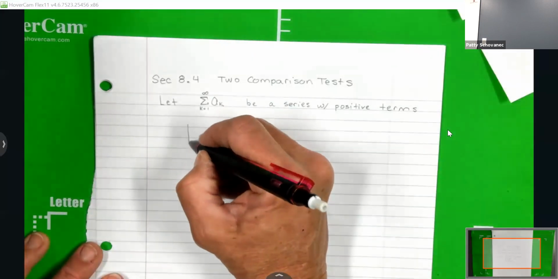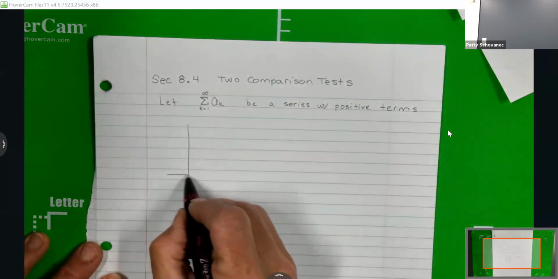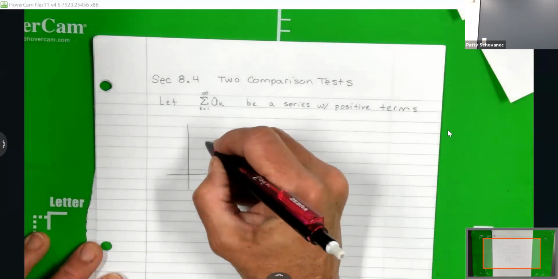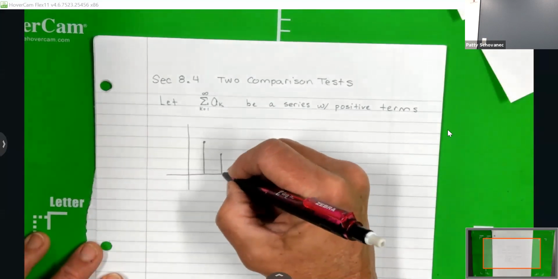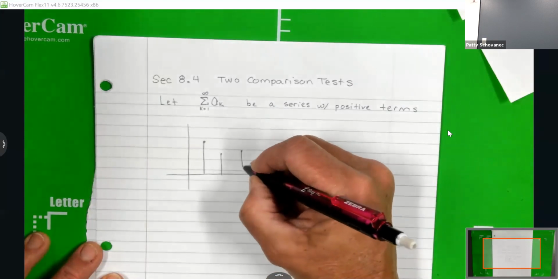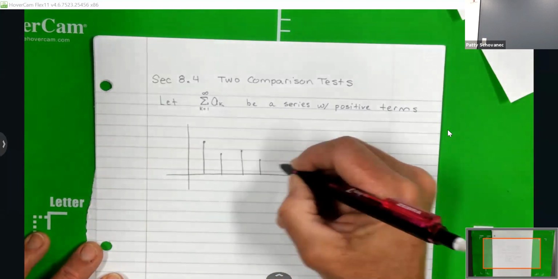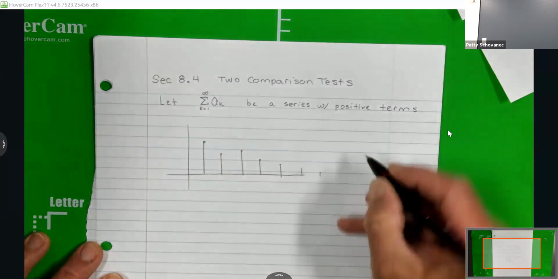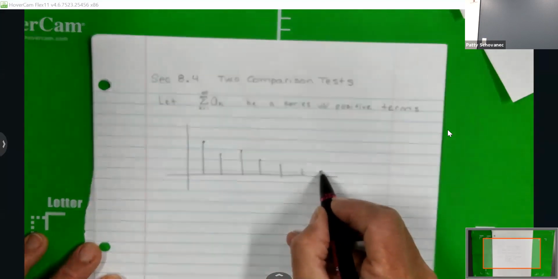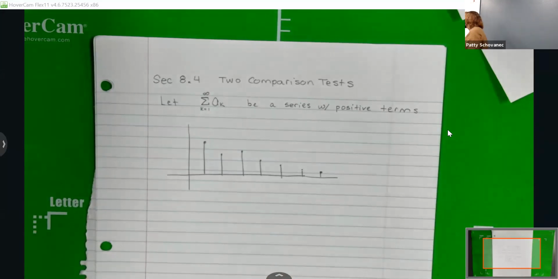So it looks like this, right? There's the first term. There's the second term. Maybe the third one gets taller, but eventually they have to get smaller and smaller and smaller. There's my picture of the a_k's. They do get smaller.